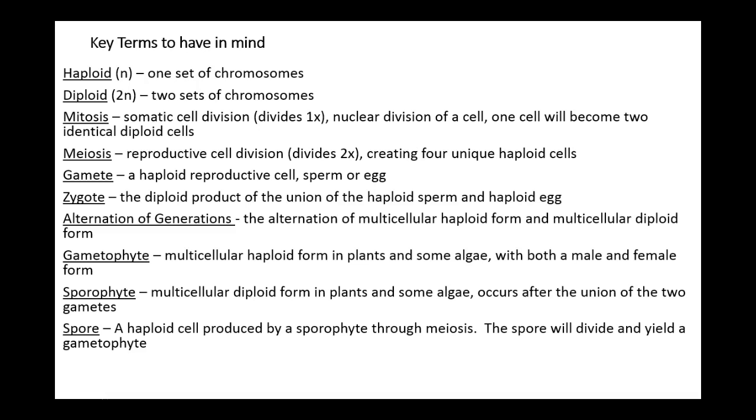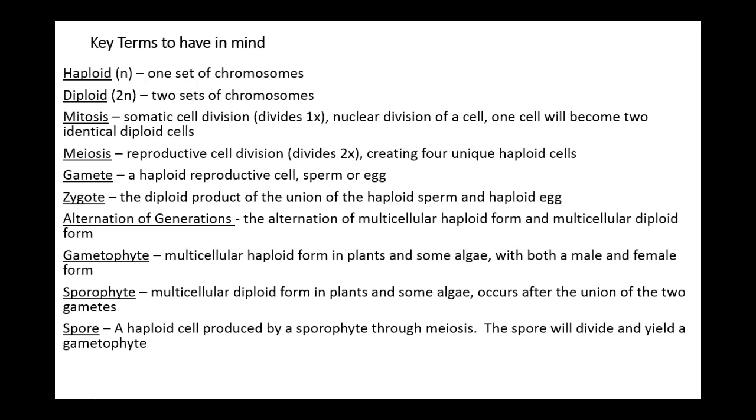Zygote is a diploid, the result of the sperm and the egg getting together. You have half the chromosomal data from the sperm, half from the egg. The two get together to form the zygote, and that then is a whole new structure, a whole new entity, basically a baby, if you want to use that term.